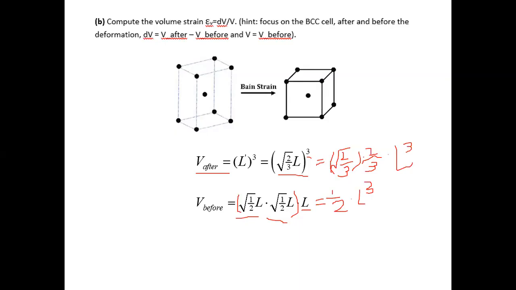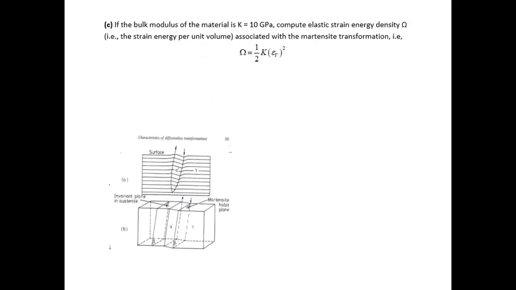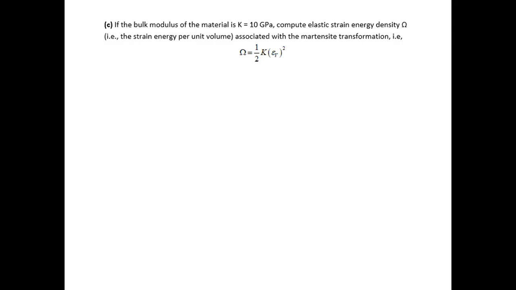So let me clear this. Okay, and if we do that, I don't have a calculation for you, but you can get a rough estimate because along each direction you have like 10% change, and then the volume change at least will be on this level, right? It won't be smaller than this. And this is going to give you a strain energy, right? And how can you compute the strain energy?